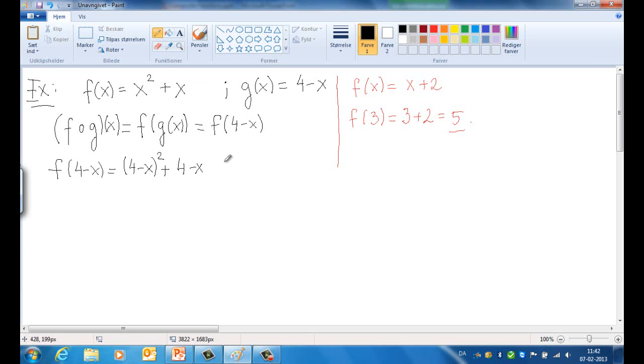Now we can simplify this a bit by expanding the bracket. That is 16 plus x squared minus 8x, and then finally plus 4 minus x. Simplifying a bit to make it nicer looking, we see that the composite function f of g of x is equal to x squared minus 9x plus 20.